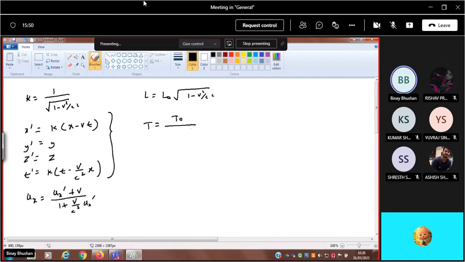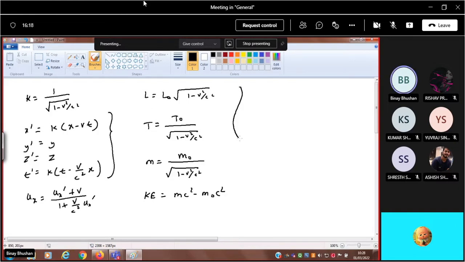I hope I am writing the formula correctly. I already told you that I can't remember any formula actually, so you should verify this formula. Then moving mass is equal to m naught over root of 1 minus v square by c square. Then we have got this kinetic energy.